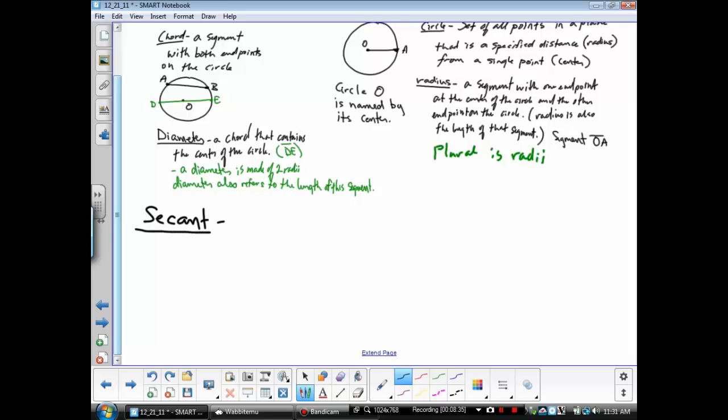A secant can be a line, a ray, a segment, any straight object that intersects the circle at 2 locations, so it passes through the circle.